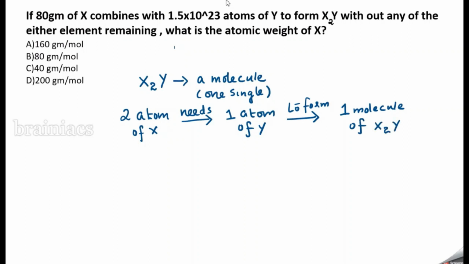Now let me multiply by Avogadro number here. So this will become 2 into Na atoms of X, correct? Atoms of X needs 1 into Na atoms of Y to form 1 into Na molecules of X2Y. If you are multiplying by Avogadro number, I will say here multiply by Avogadro number.